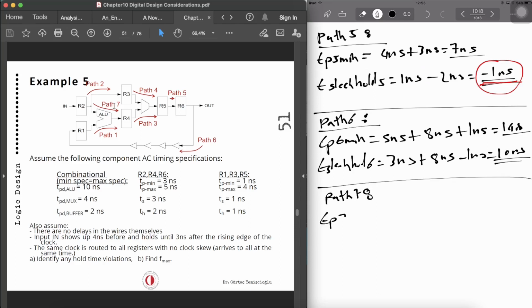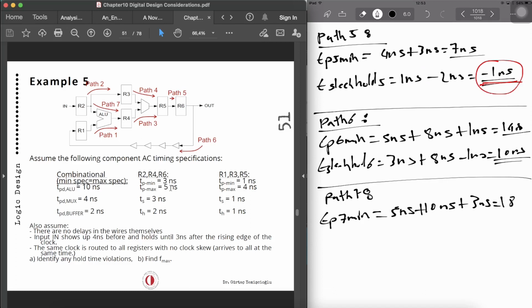TP7 min and R2 to R4. R2 TP max is 5 nanoseconds, plus the ALU, sorry, ALU is 10 nanoseconds, plus the setup time of R4, which is 3 nanoseconds.